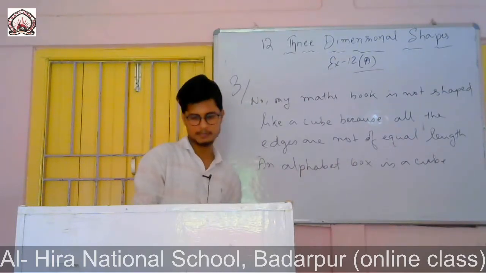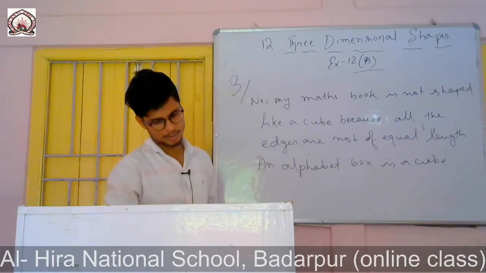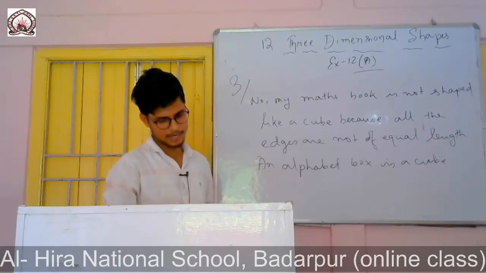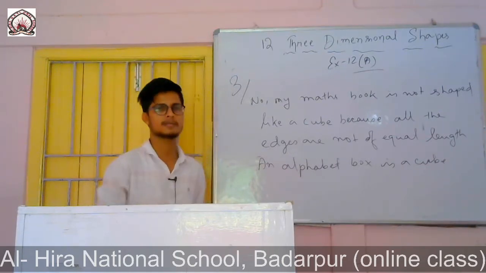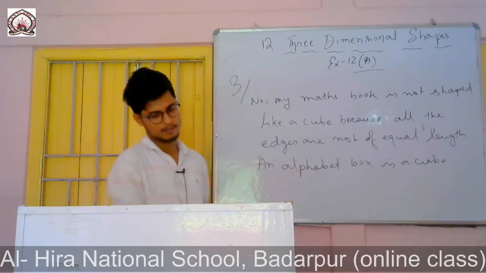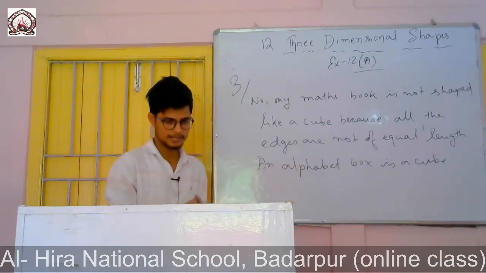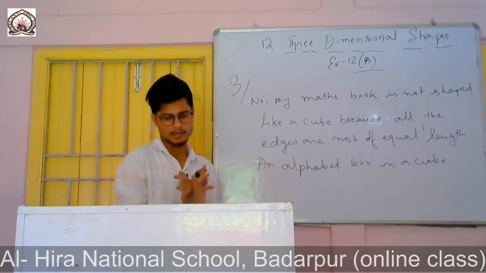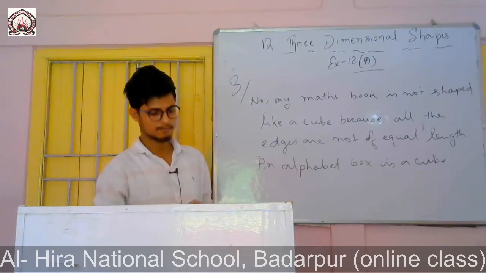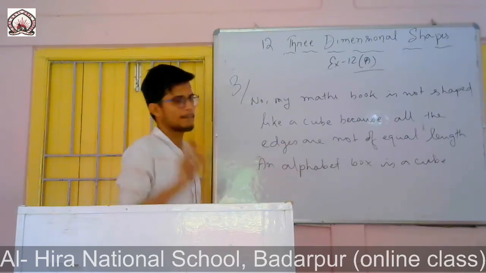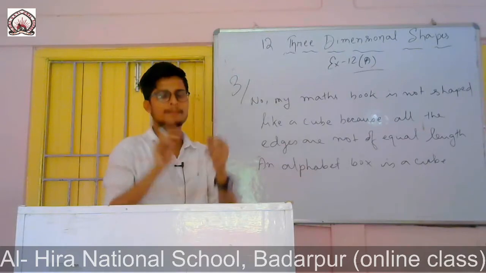Okay, then question is, can you name 3 other objects that are shaped like a cube? So earlier I have said examples of cube. So you can take dice, then you can take Rubik's cube and ice box, ice cube also. Piece of ice you have seen, it is shaped like a cube.